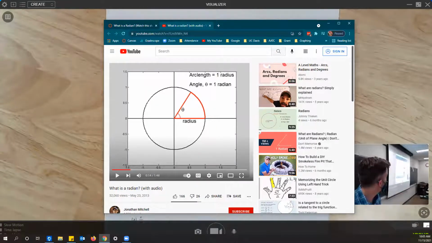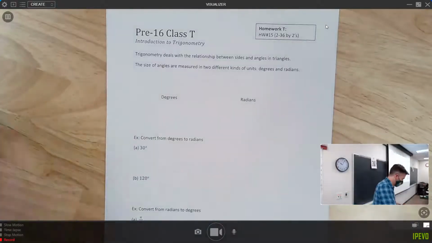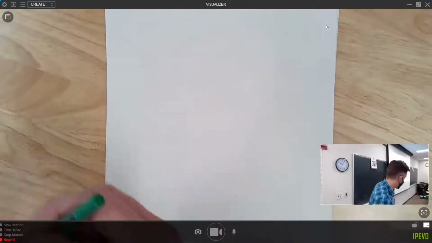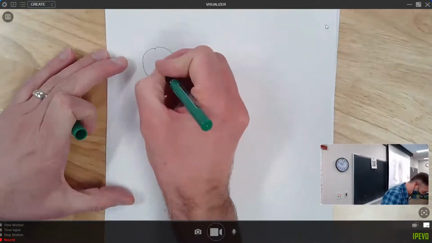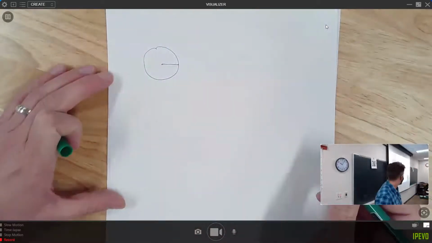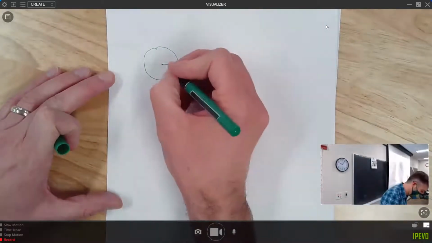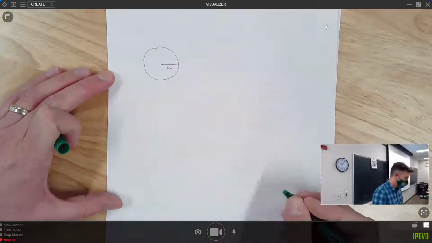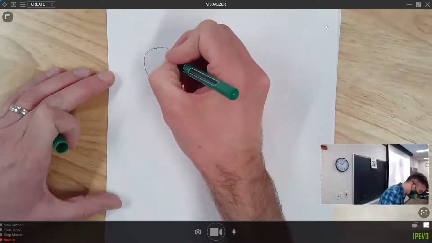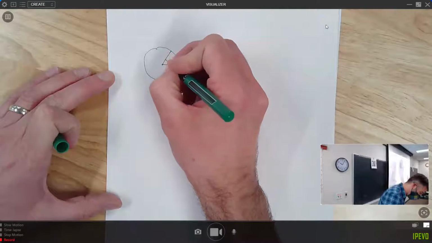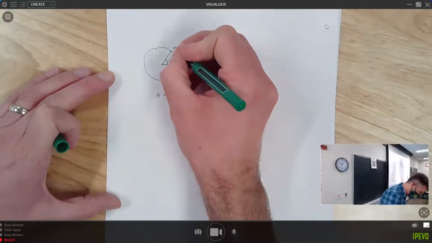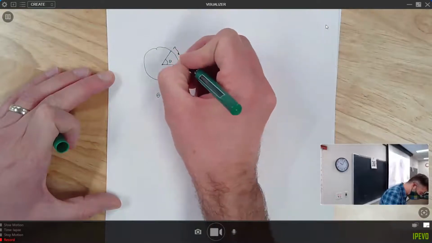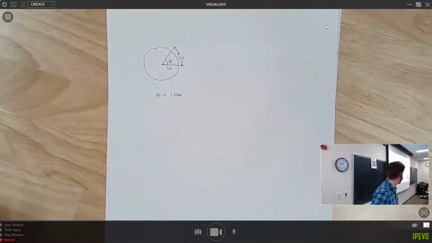Let me actually draw a thing real quick before we keep going with this. So what I mean is, if you have a small circle, it's not the best circle I've ever drawn, and there's your radius of length, let's say that's maybe 1 inch. And here's an angle, theta. And theta is 1 radian because this arc length is also 1 inch.